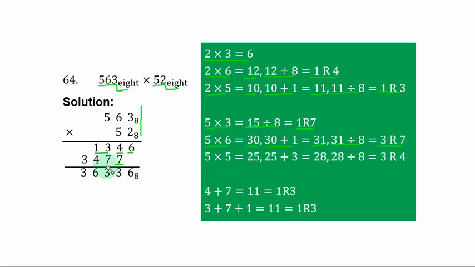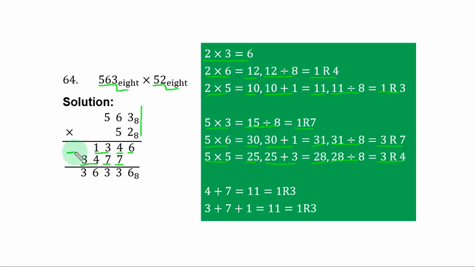You write down remainder 7 and you take 3 forward, and you have 5 times 5 is 25, plus the 3 you carried forward, that is 28. Divide 28 by 8 is 3 remainder 4, and it's like 34. So you write 34 since 5 is the last digit.